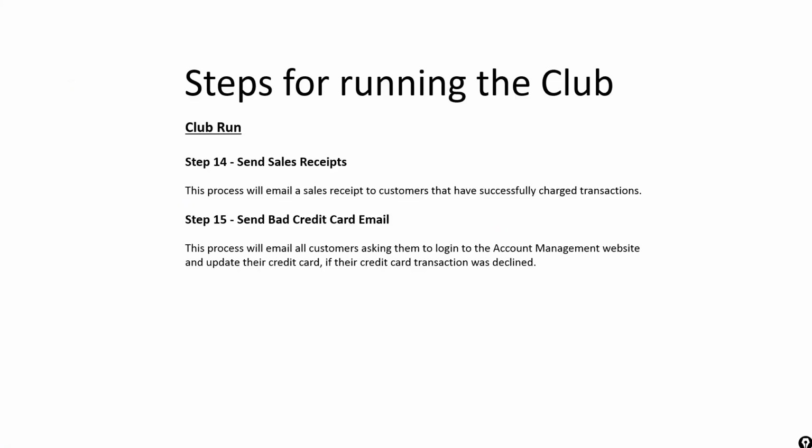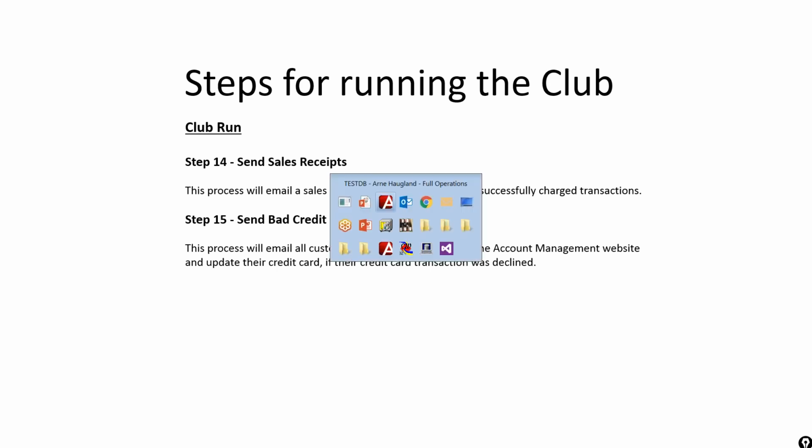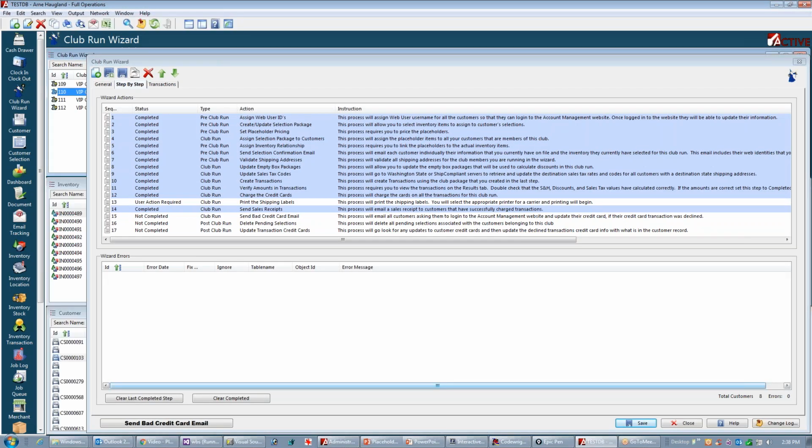The next is step 15, which is to send a bad credit card letter to those whose cards were declined. And this has a link in it for them to log in and modify their credit card number or address.